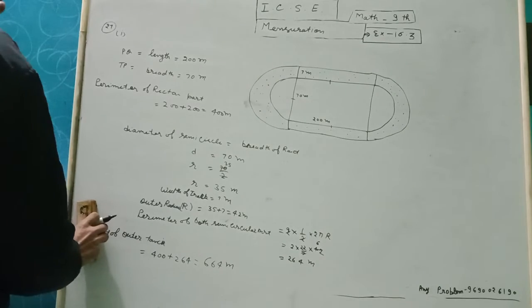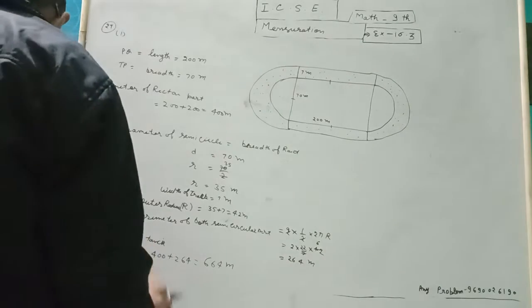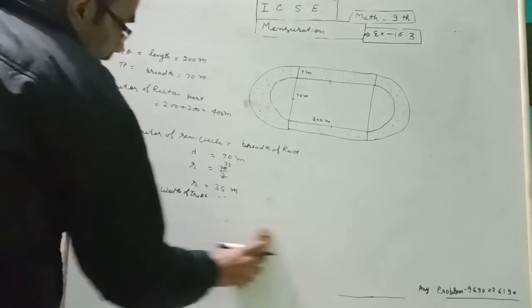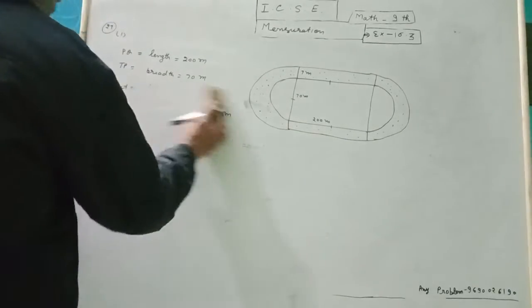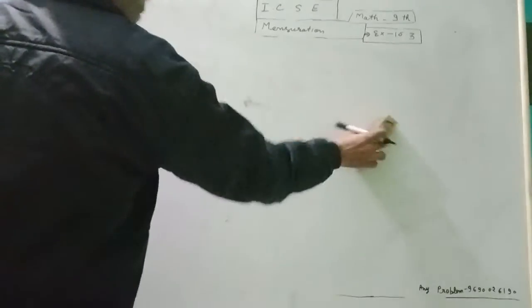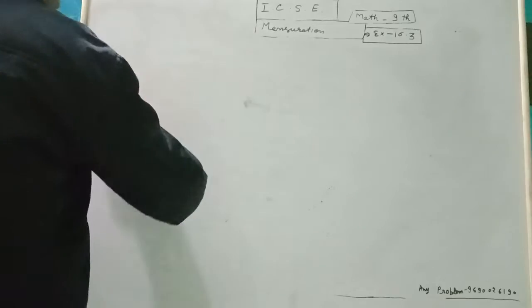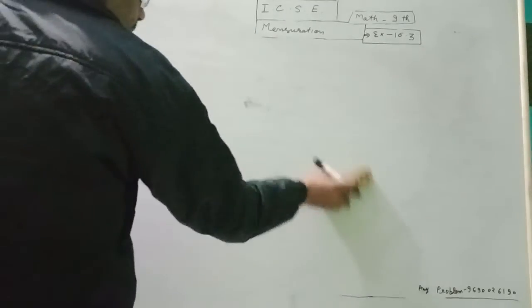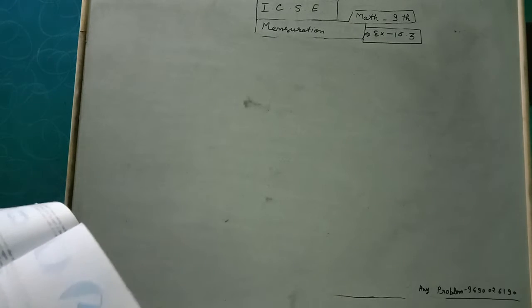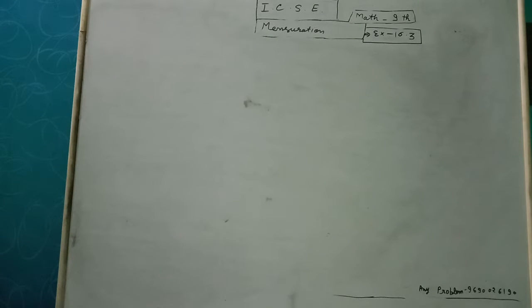Question number 27, first part is complete. Question number 28. Question number 28 is, both circles are given. 28 A part.